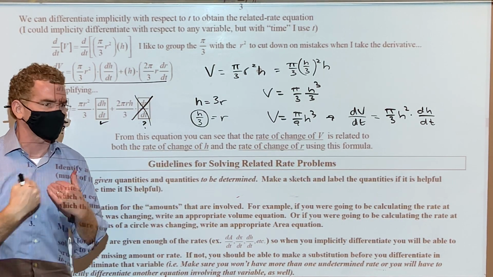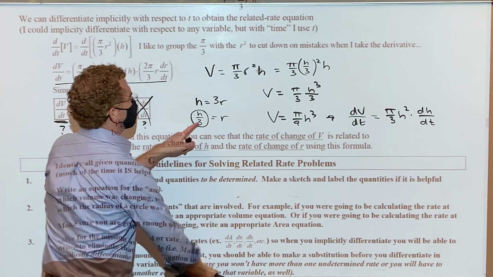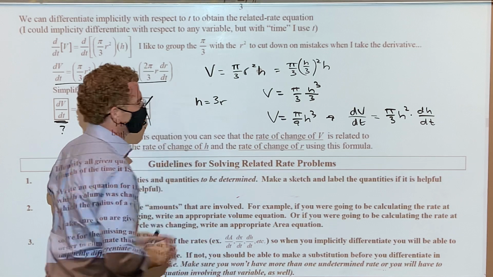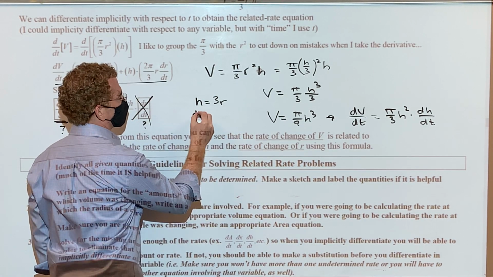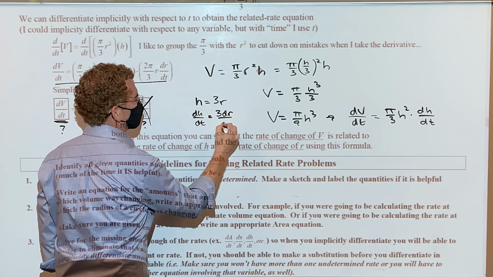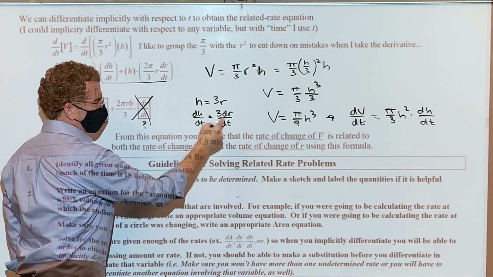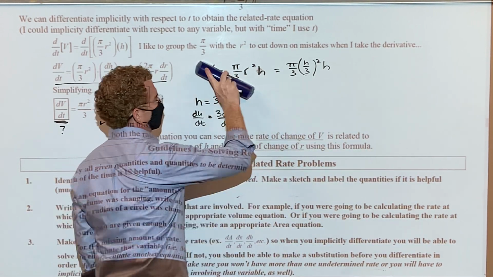Now that's my strategy. A lot of textbooks will say, oh, you don't need to do that. You can just come in here and take the derivative. You can say the derivative of that is dh dt, and the derivative of that is 3 dr dt. And then you can solve for dr dt, because in this case, what would dr dt be equal to?